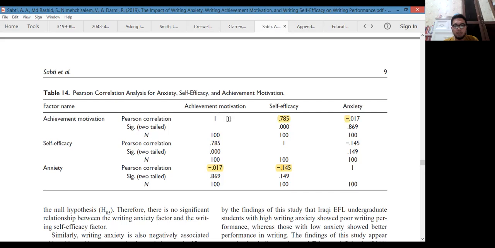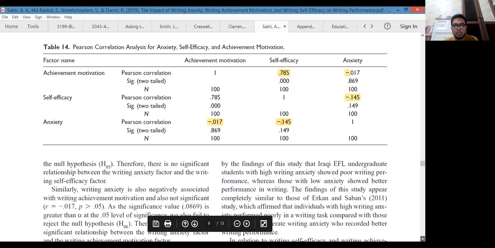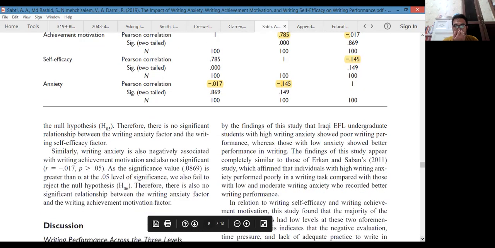Self-efficacy and achievement motivation show positive, similar to the above. And then self-efficacy and anxiety show negative here. So you can see in the table which correlation is negative and which is positive.